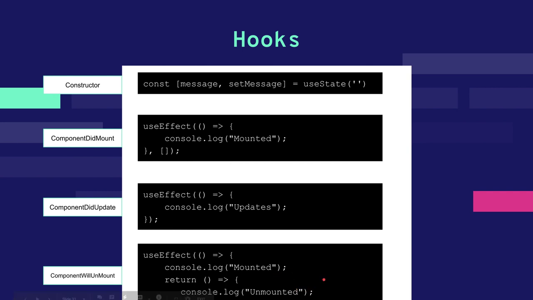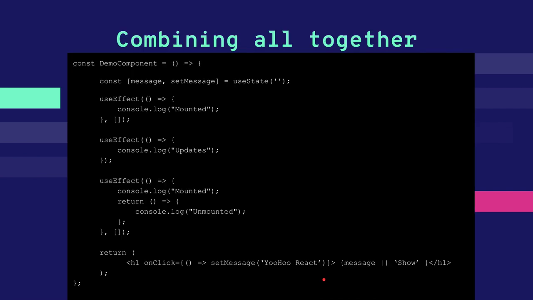So let's see all of this in action. You have created a basic component, you have set your state with an empty string. You have provided a method called setMessage. You can update your state, which is message, using setMessage, and if there is a mount or unmount, this will be called based on what is happening.